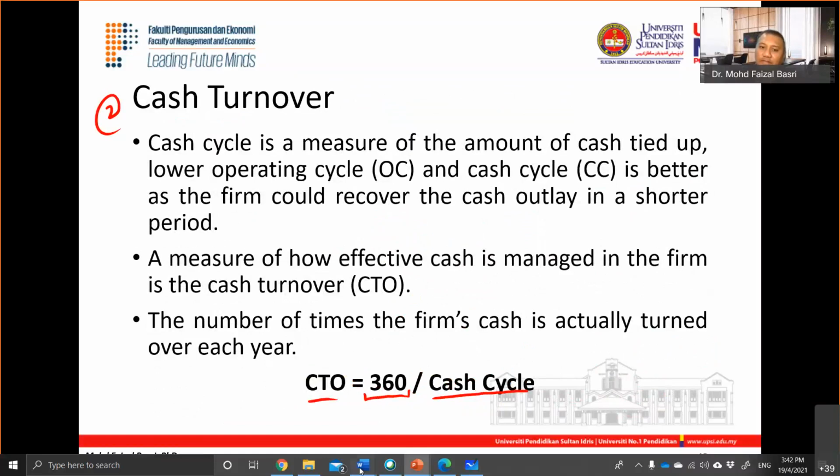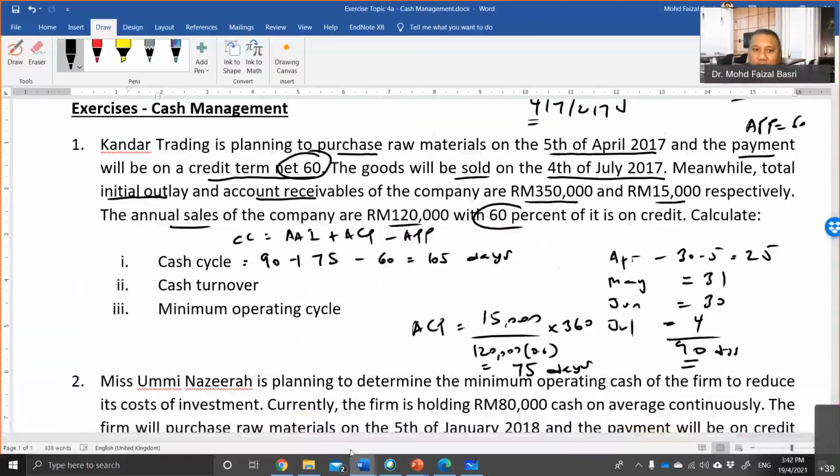If we go back to our exercise just now, the CTO formula is 360 divided by CC, the cash cycle. We know our cash cycle was 105.